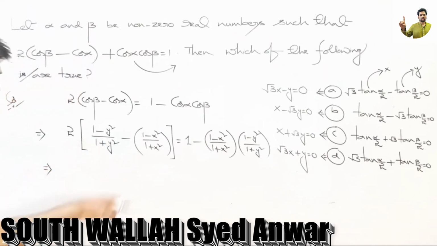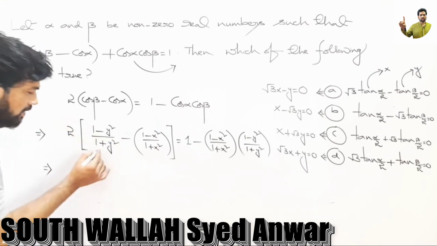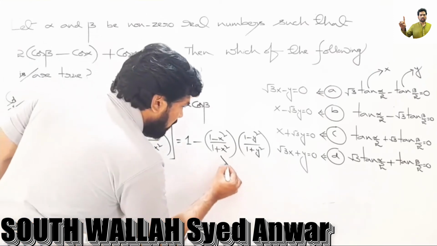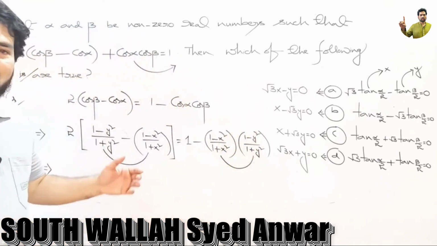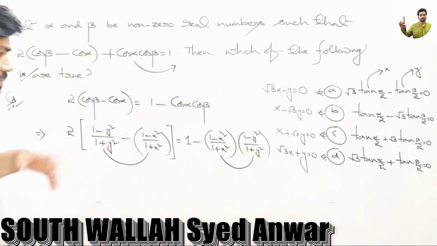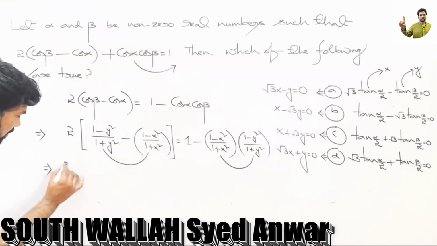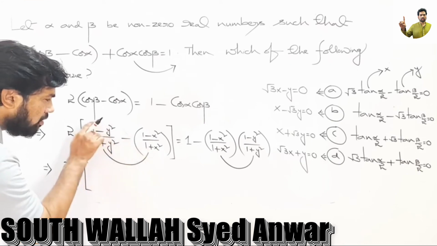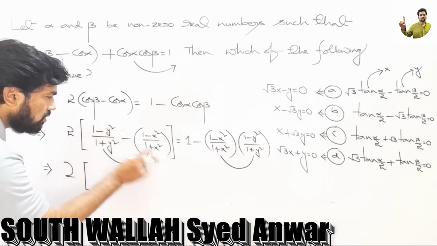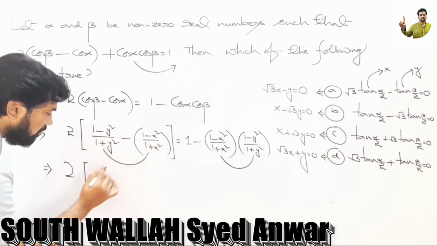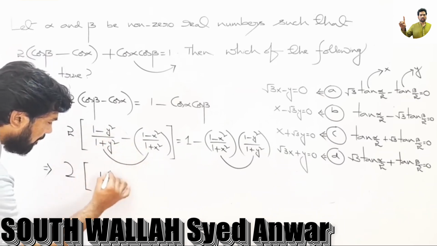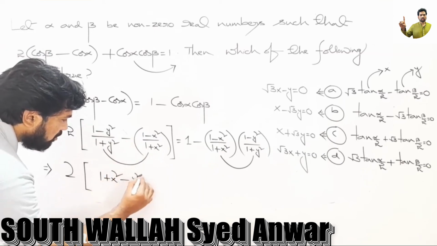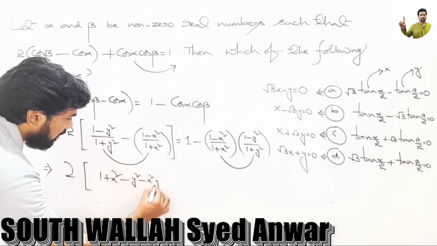This implies, first, it is going to be LCM for left hand side and LCM for right hand side. So both the LCMs get cancelled. That means I need not write. So 2 times, first multiply with 1. I'm doing the cross multiplication here. First multiply with 1: 1 plus x square. Next multiply with minus y square: minus y square minus x square y square.